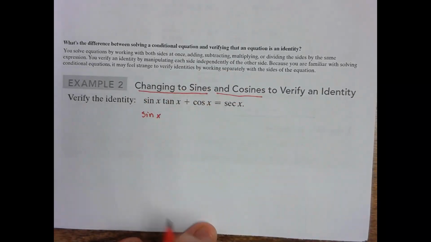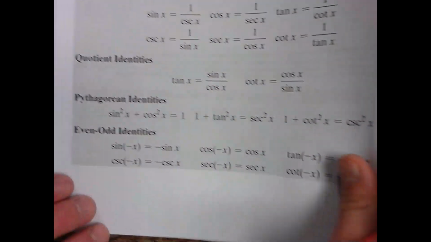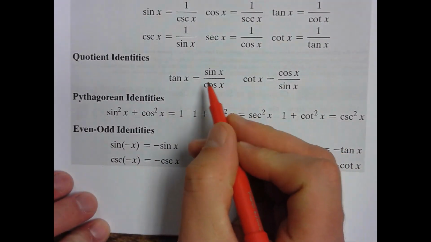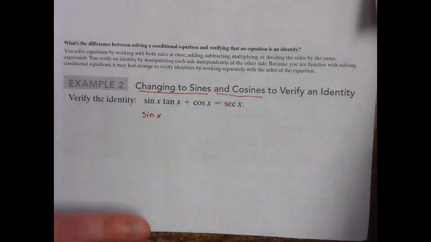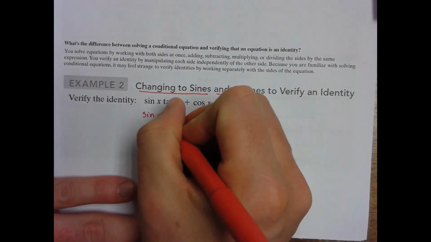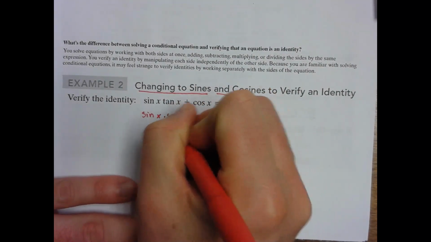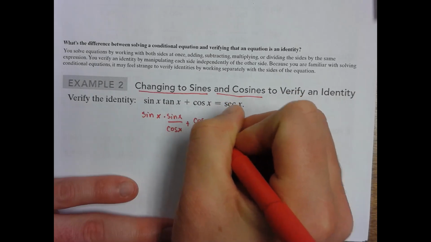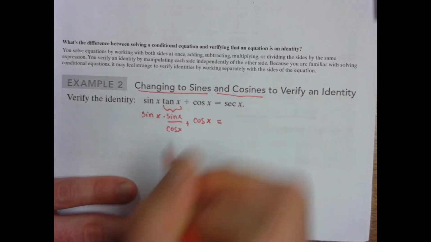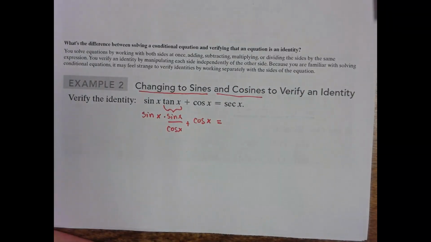But instead of having tangent of x, I'm going to rewrite that using that same quotient identity that we did before, but this time with tangent, and rewrite it as sine over cosine. So we're going to write this as times sine of x over cosine of x, and then we're still adding cosine of x. The only thing I've done so far is rewrite tangent of x as sine over cosine.